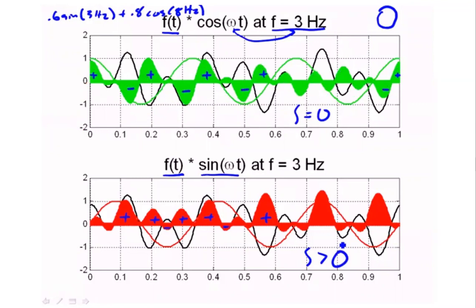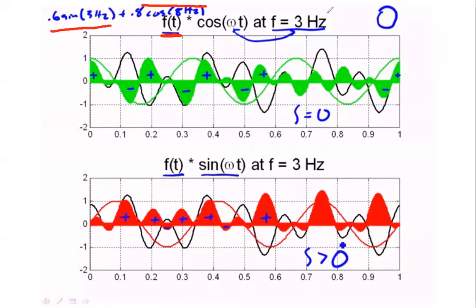That means the summation gives almost zero value. And that is expected. Why? Because what was our f(t)? A 3 hertz sine signal and an 8 hertz cos signal.